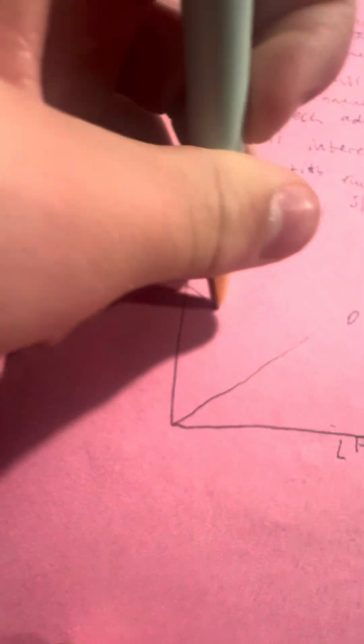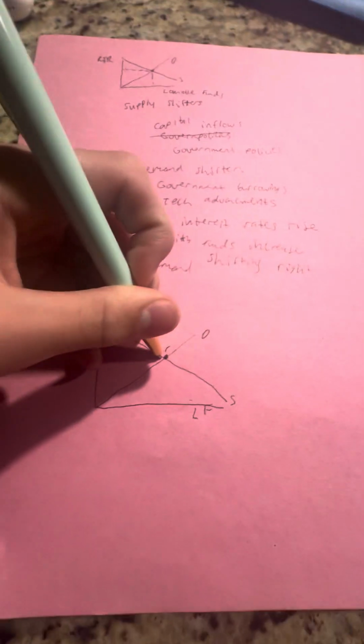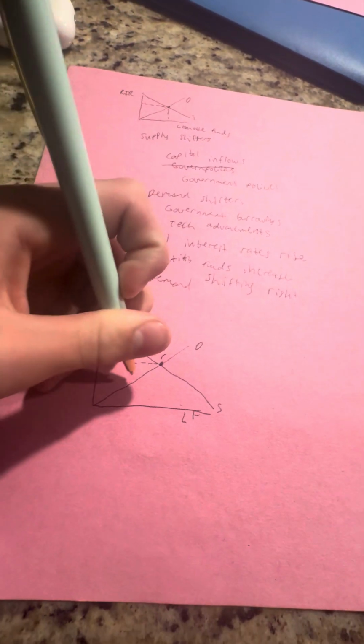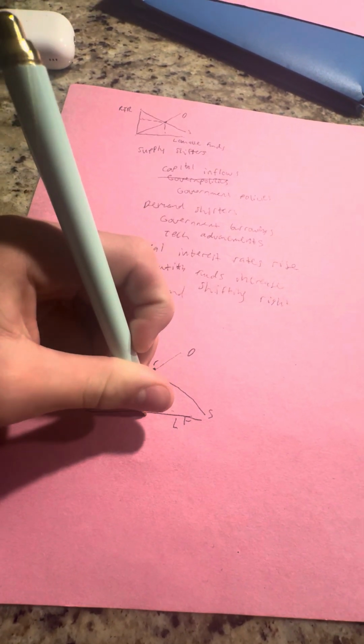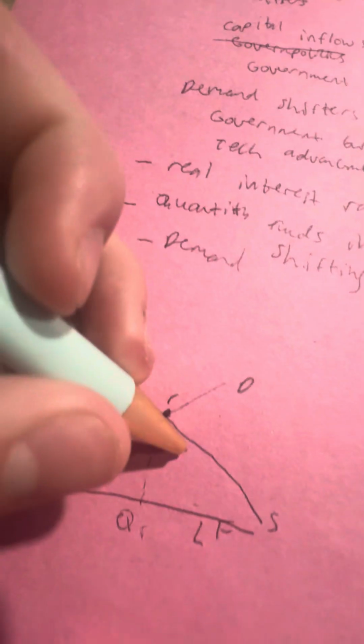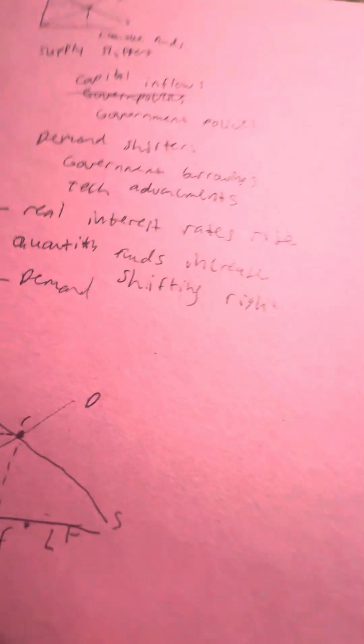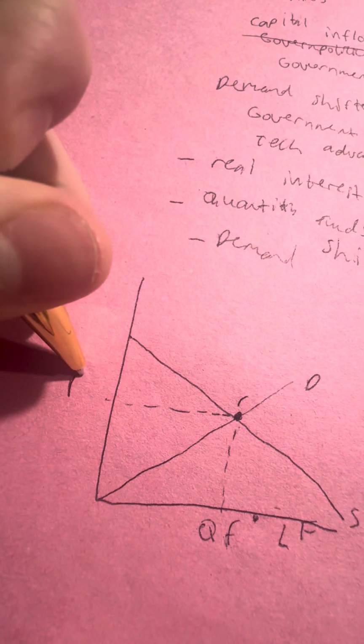And supply. We have equilibrium right here. I want us to label these as QF and R.